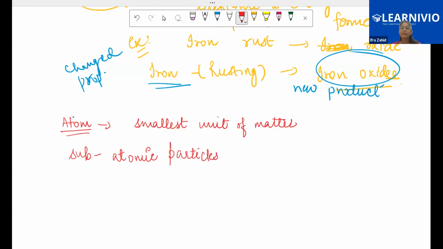Ma'am, I have a doubt. You said that atom is the smallest unit of matter, right? Yeah. But I don't think it's the smallest unit of matter, because it has subatomic particles. Yes, ma'am. Like neutron, proton, and electrons.